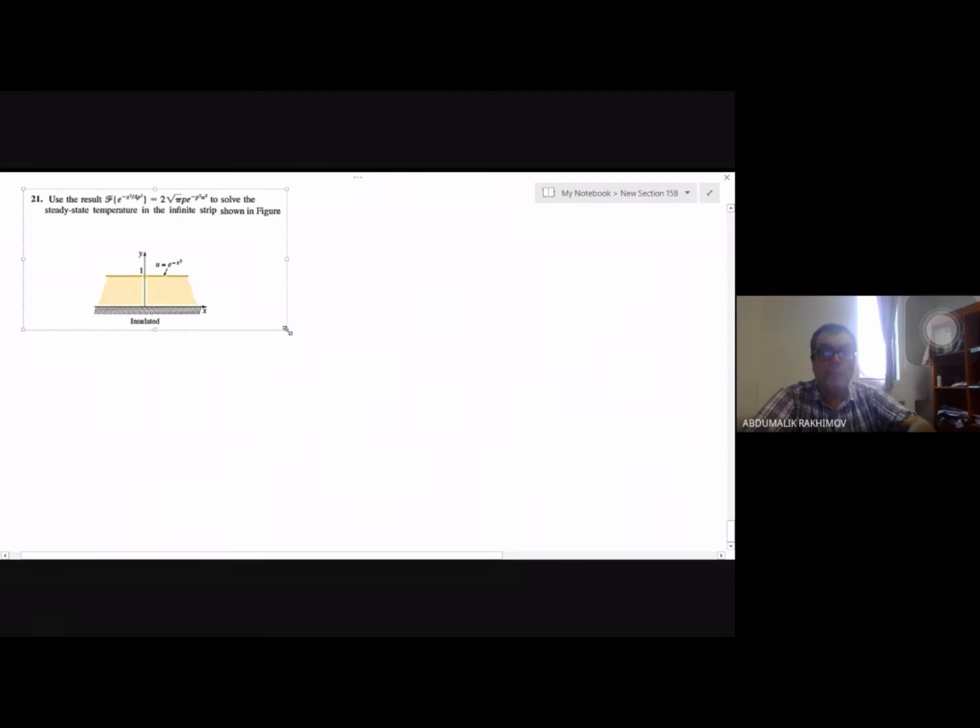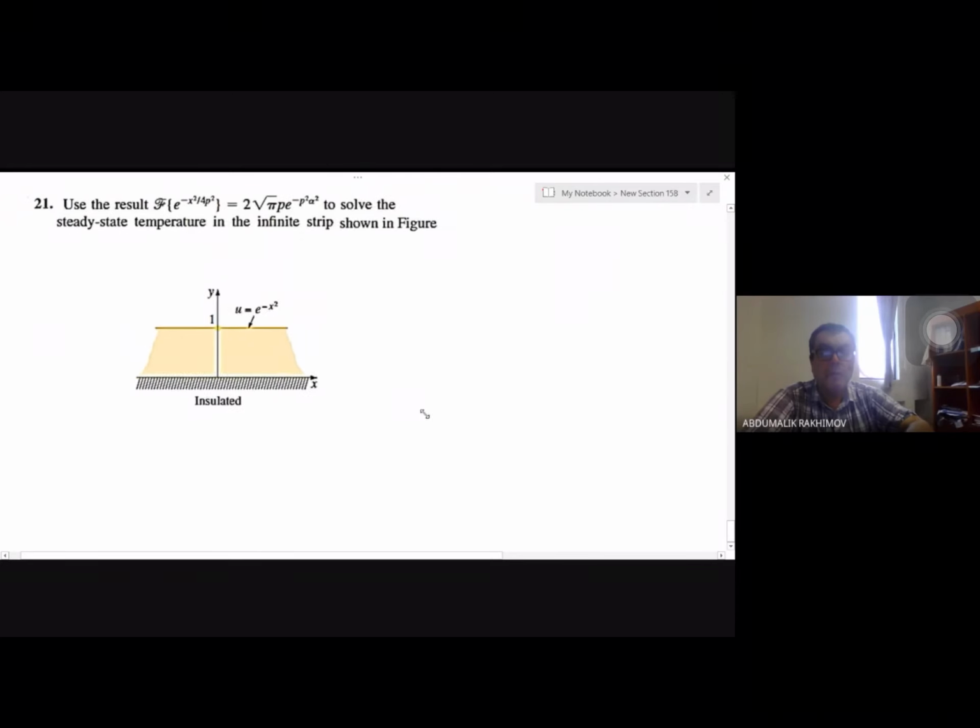This is about steady state. We have steady state temperature in an infinite strip. So in this infinite strip, x is from minus infinity to plus infinity, but y is from 0 to 1. Mathematically you can express it like this, from 0 to 1, and you will get this strip, right?